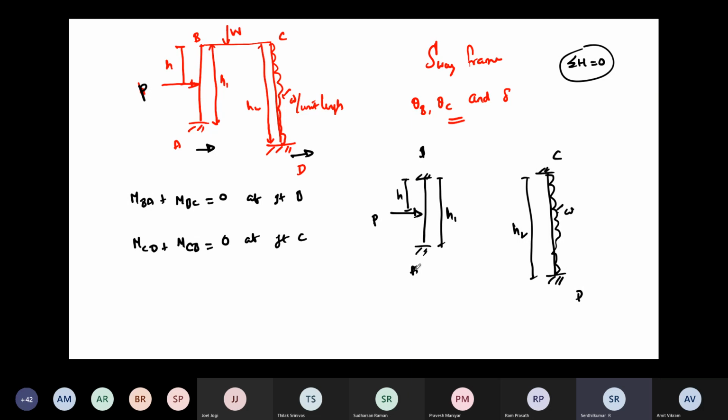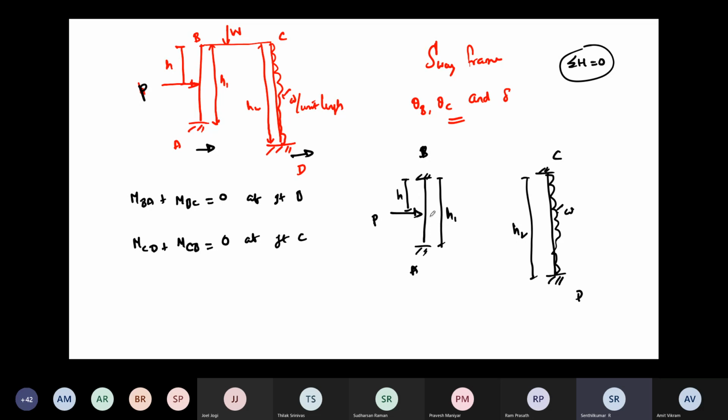Because this is a rigid joint, a moment will develop here also, so we locked the joints.